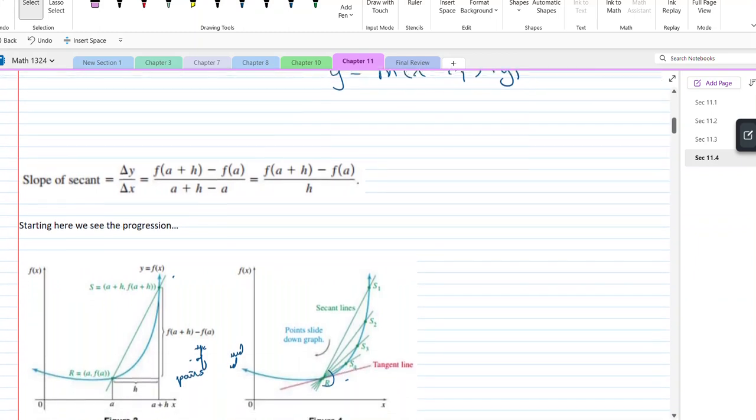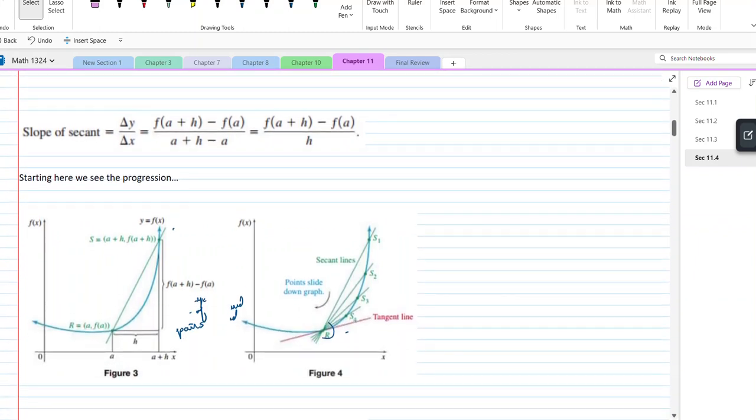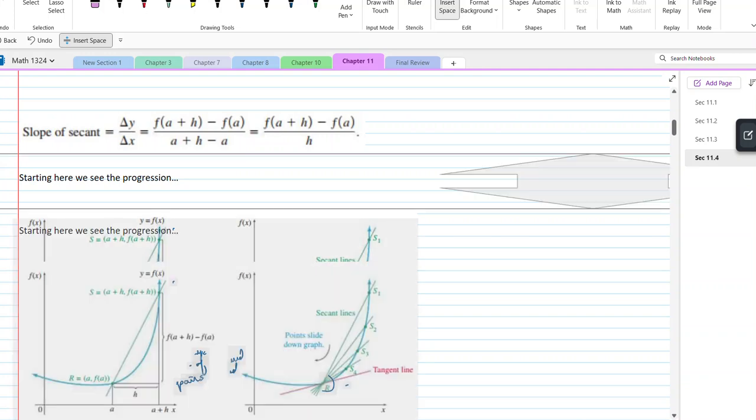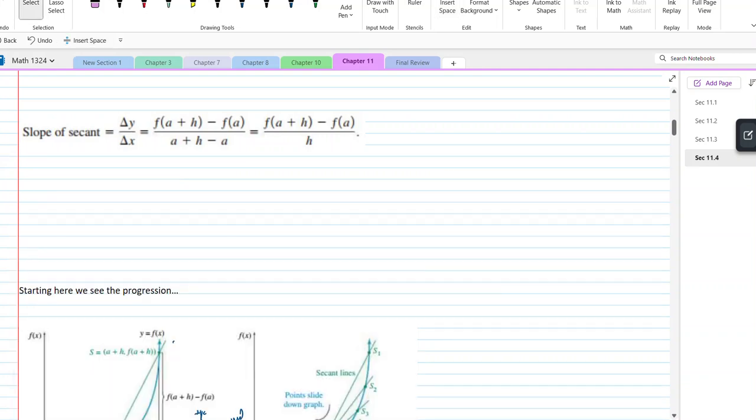Okay. So the next thing I want to cover, and this is important in the sense of understanding which is which. A tangent is at one point. A secant has two ordered pairs.